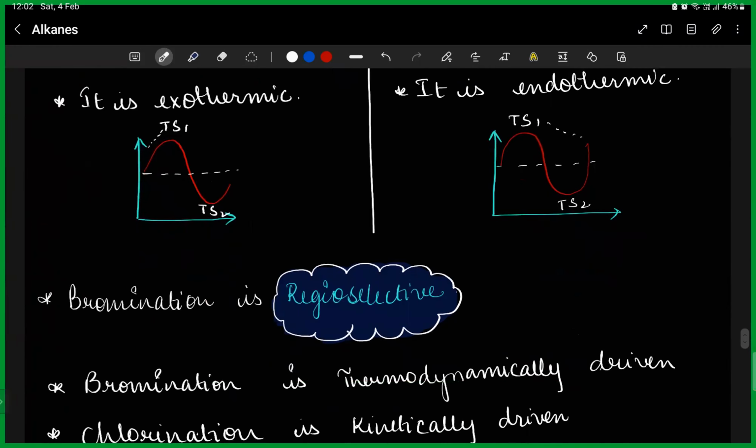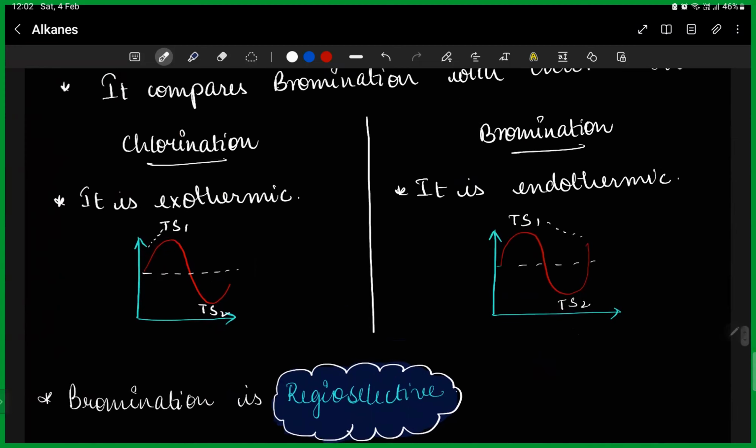So we will see the transition state of chlorination and bromination. So chlorination is exothermic and bromination is endothermic. Now, see here. So this is the reaction coordinate and this is the time.